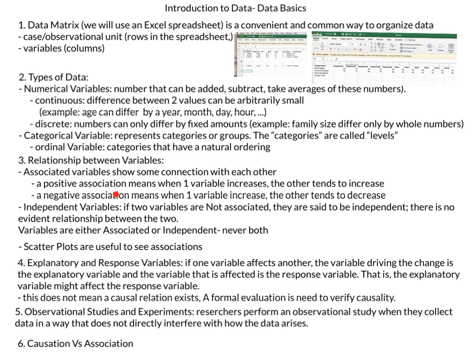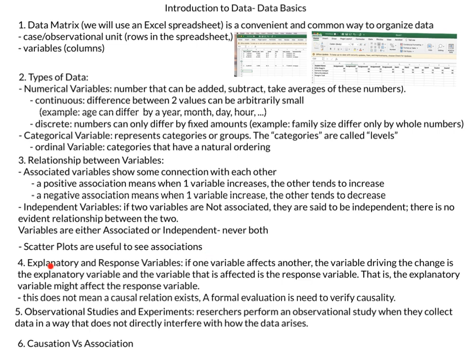A negative association means when one variable increases, the other variable tends to decrease. Independent variables are if two variables are not associated, they are said to be independent. There is no evident relationship between the two. So variables are either associated or independent, never both. To see relationship between variables, we often use scatter plots. So we will be looking at some scatter plots next.